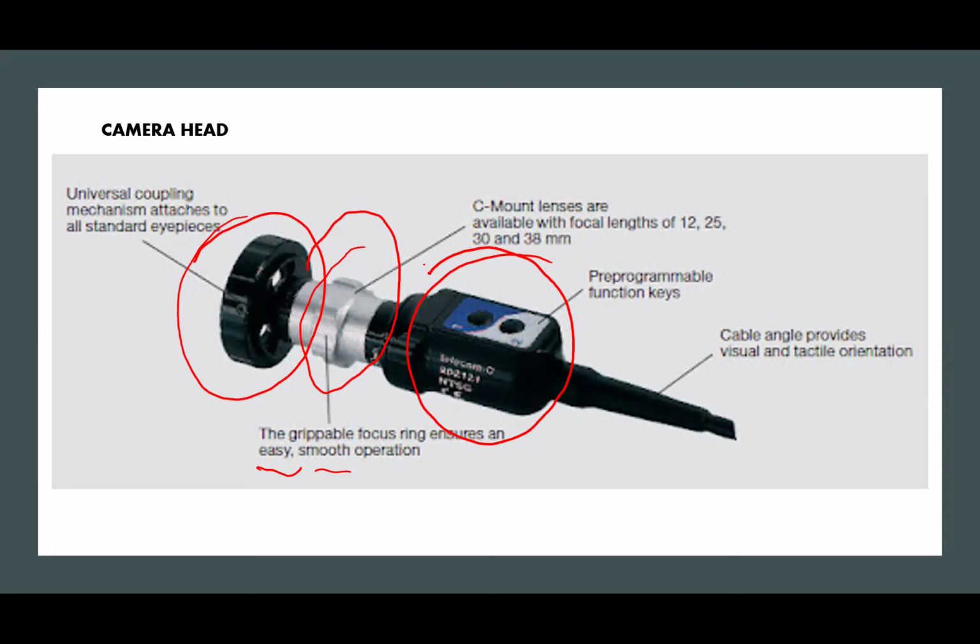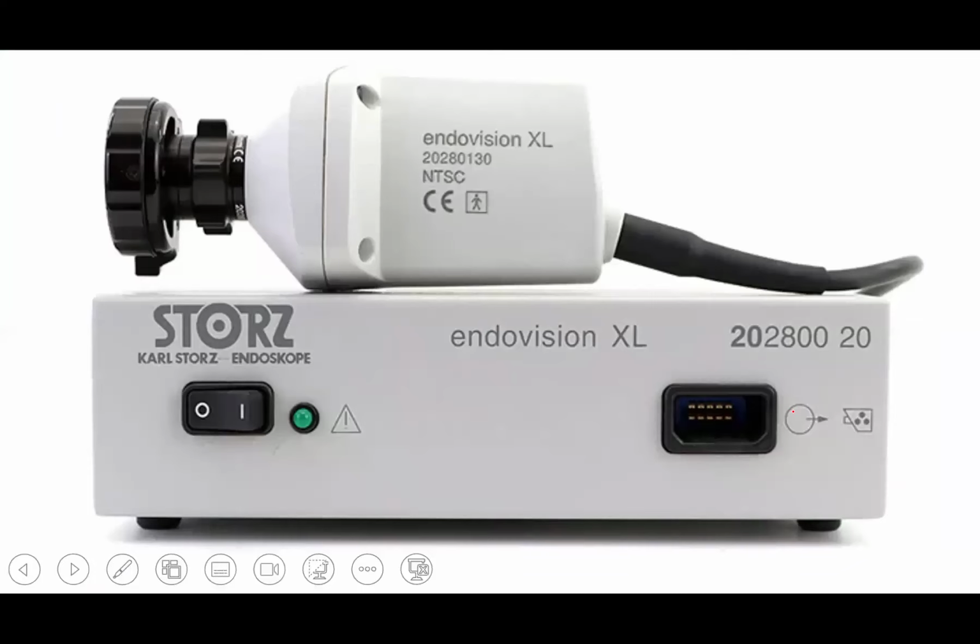Some will just have the menu key and some adjustable key. So it depends on the product. But you should know it has a universal coupling mechanism here, it has a focusing knob, and it has a programmable function key here. Then there's a cable that goes to attach to the camera.